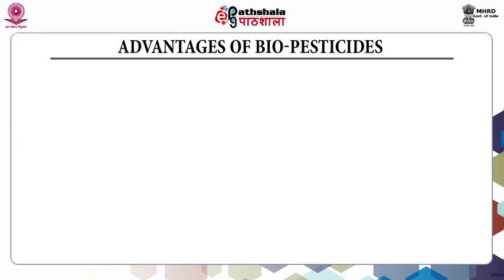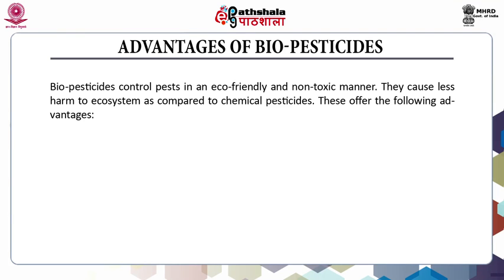Now, what are the different advantages of these biopesticides? Biopesticides control pests in an eco-friendly and non-toxic manner. They cause less harm to the ecosystem in comparison to chemical pesticides.